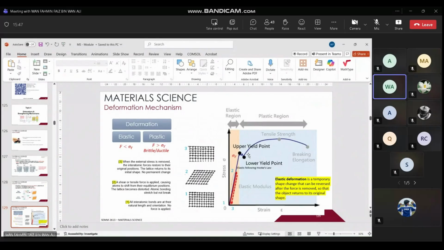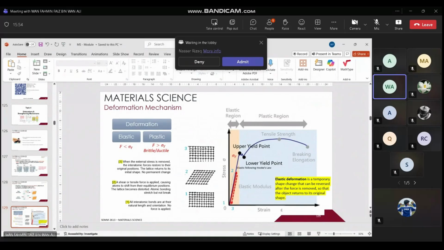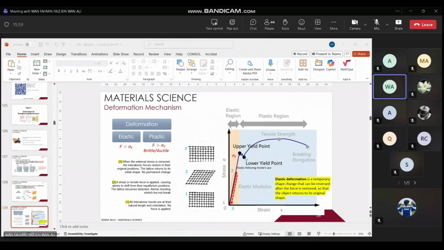One is under elastic condition, second is under plastic condition. So elastic condition is that whatever load that you apply, as long as it is below the yield stress, the material will experience elastic deformations. If you bend certain material and remove the load, as long as the load is less than yield, it tends to return to original positions, original structures and everything.